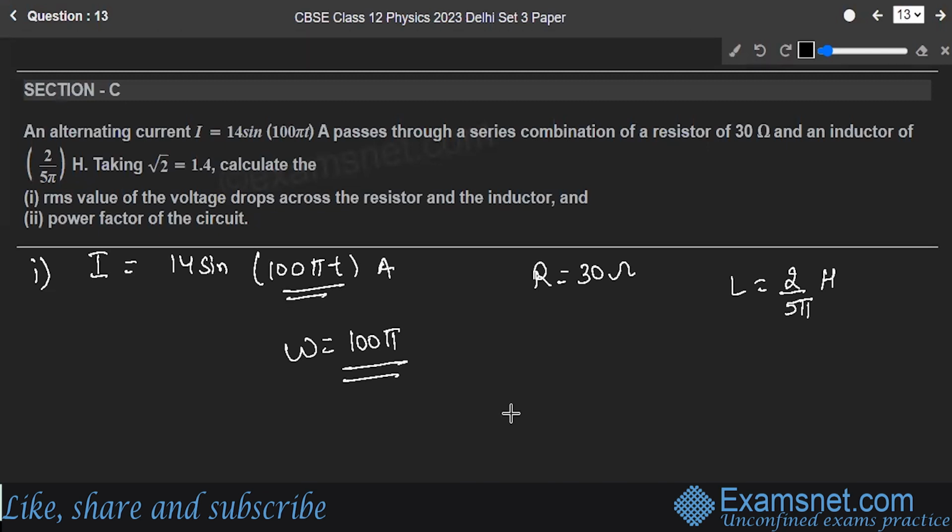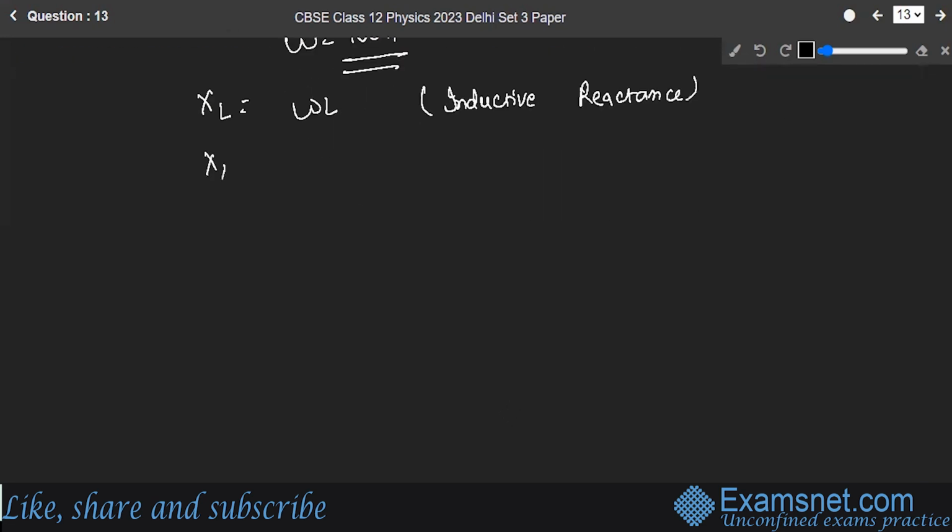So XL, the inductive reactance, is omega into L, which is equal to 100 pi into 2 upon 5 pi. This will be equal to 40 ohm.